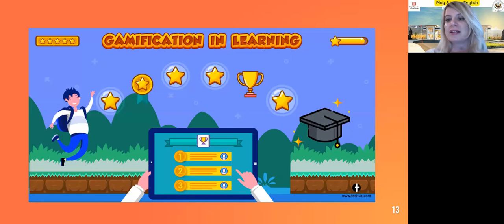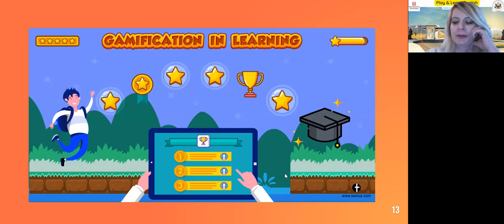Maybe a star, a smiley face, some badges, a trophy, coins. Okay, good. Basically, that's the idea. Well, in your regular practices, if you insert these rewards, game-like elements, actually you're implementing some gamification principles.